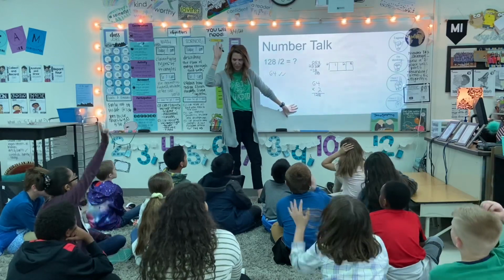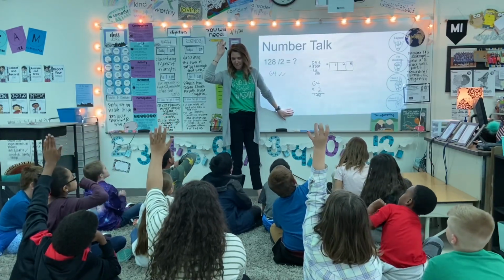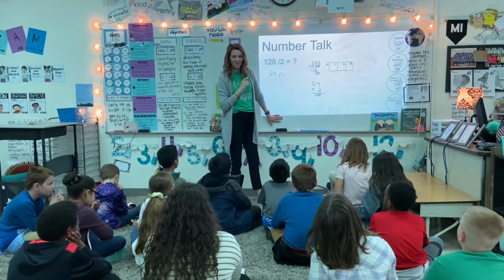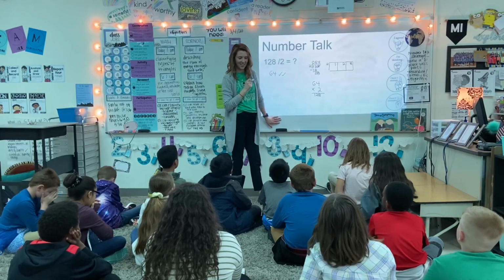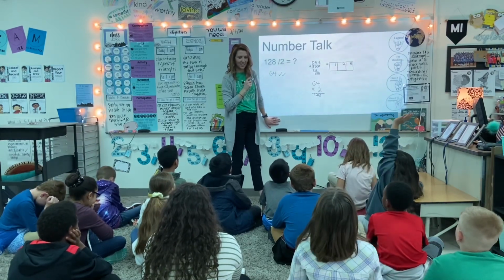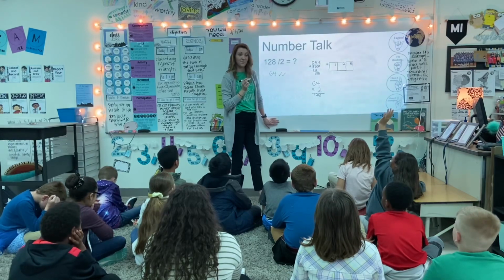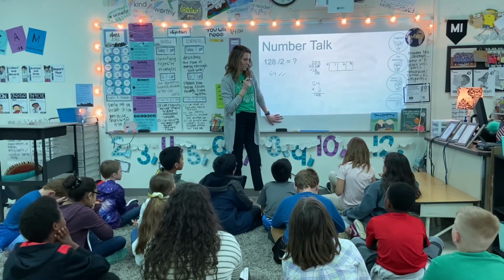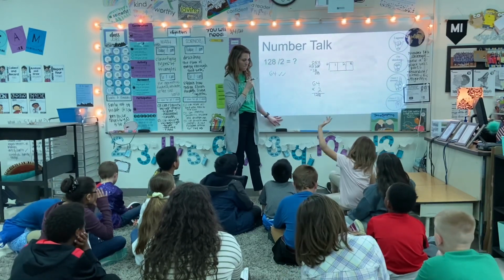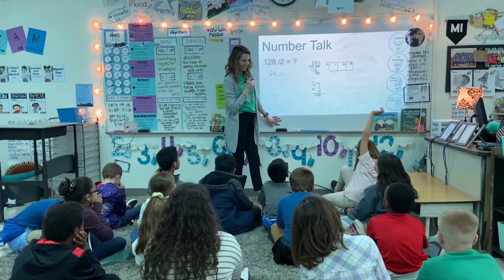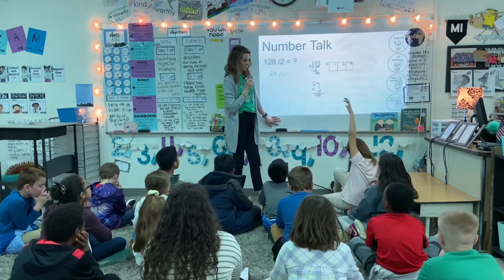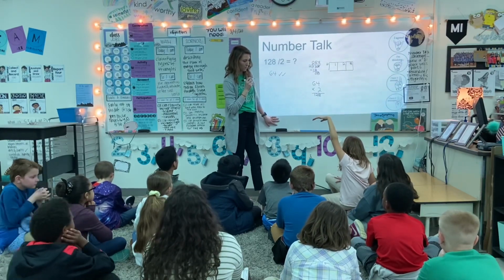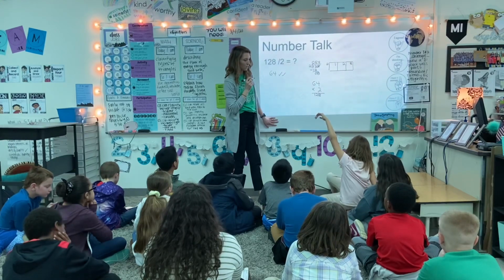How are multiplication and division related? They are related because they can use each other to check each other. If you do a division, 128 divided into 2, and you work it out, you know that your answer is 64.